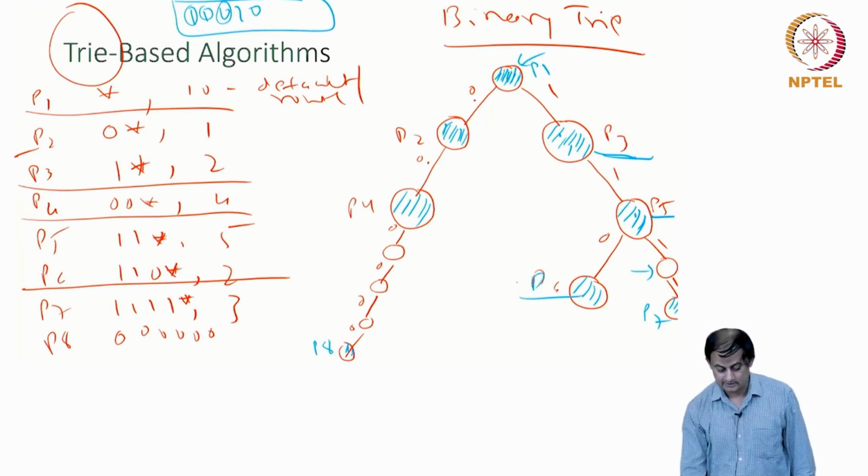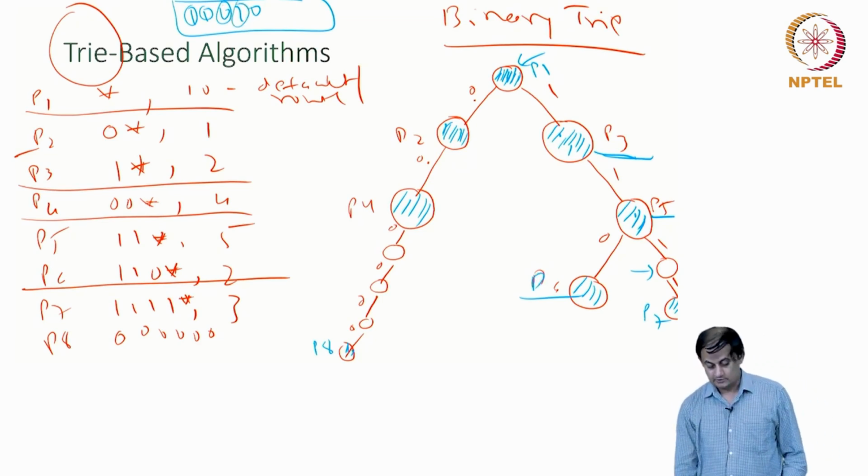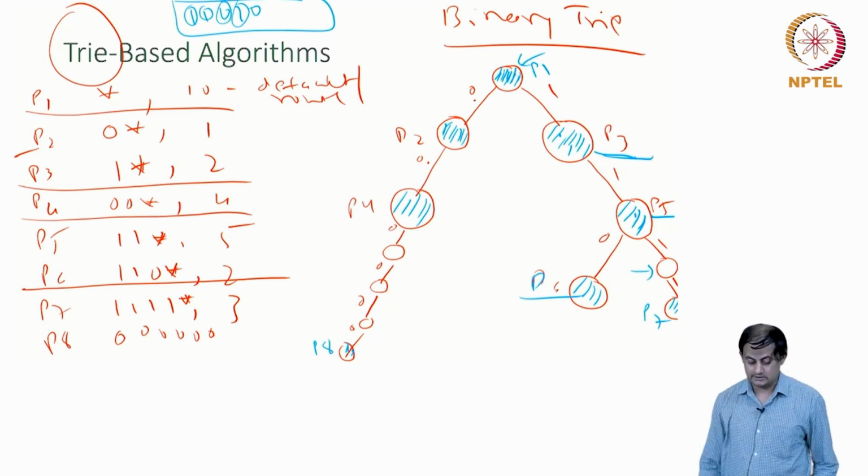P6 is the prefix matched so far, and then I read the fourth bit, which is a 1, but unfortunately I don't have a child node for P6. So the best match found is P6.